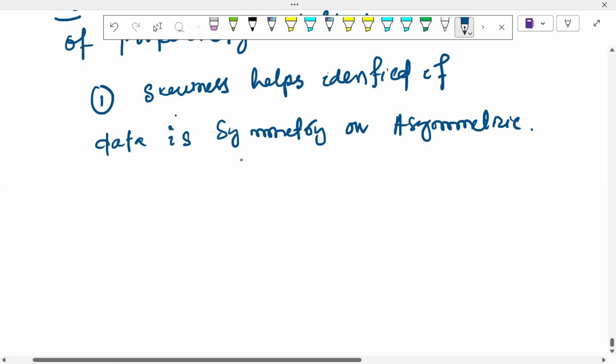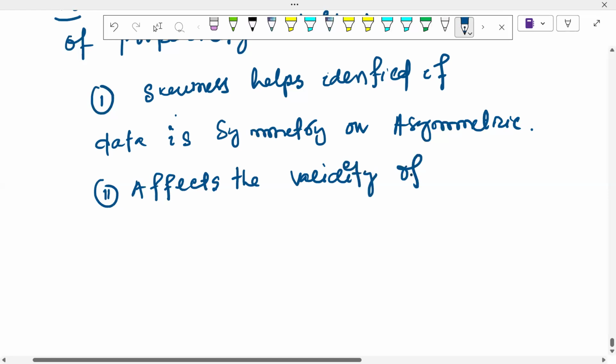It can affect the validity of the statistical tests.